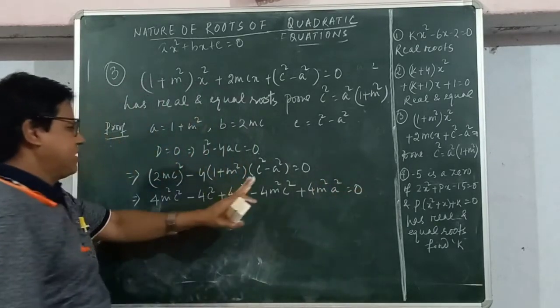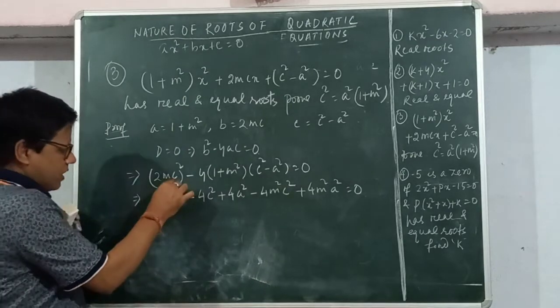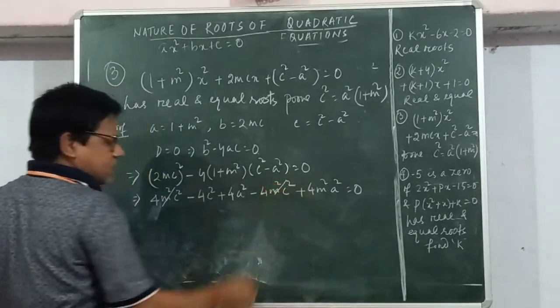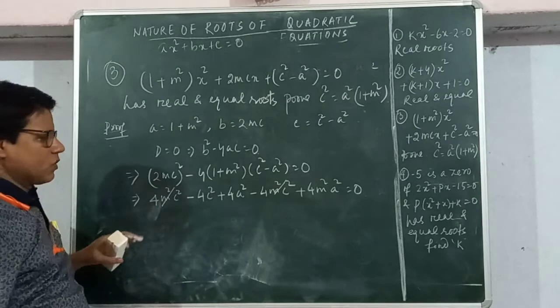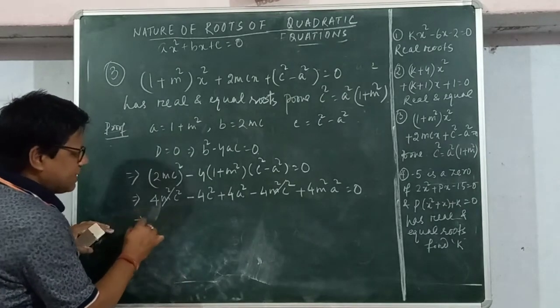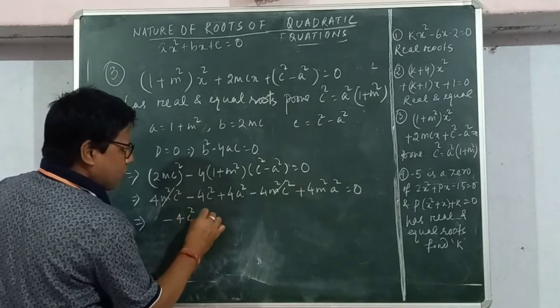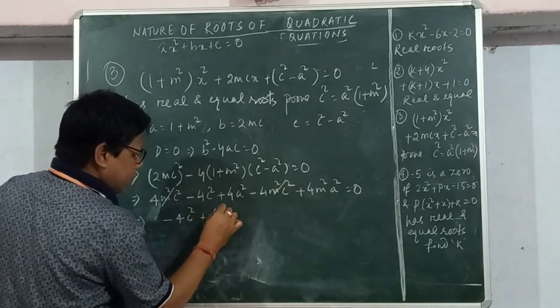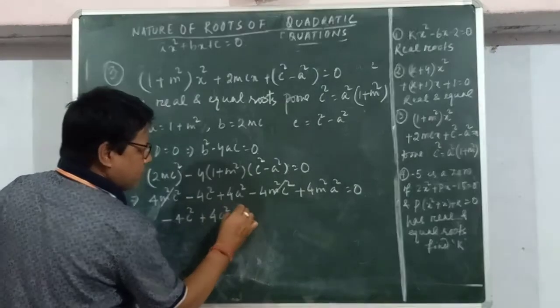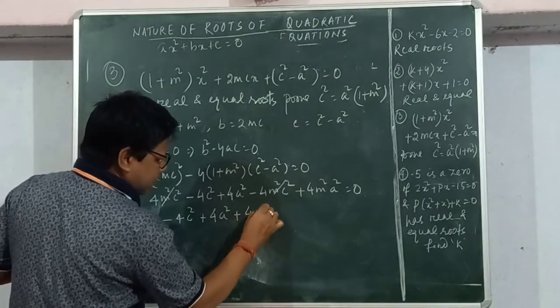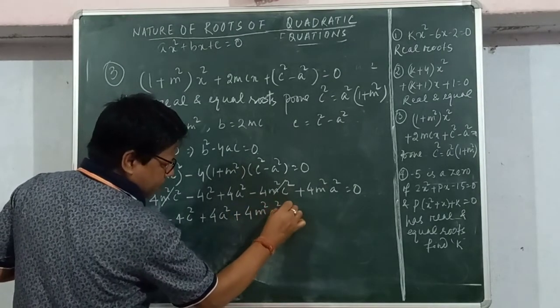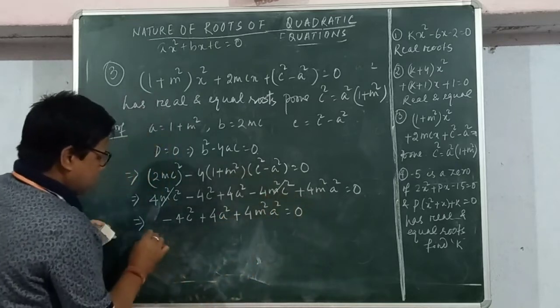If we simplify it, 4m square c square and minus 4m square c square cancel, which implies that minus 4c square plus 4a square plus 4m square a square is equal to 0.